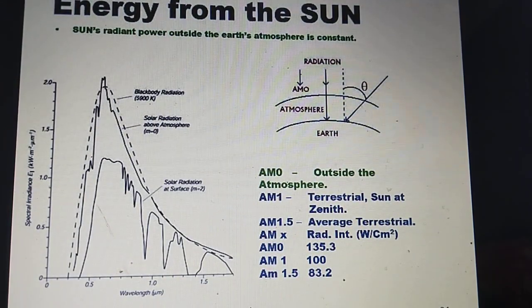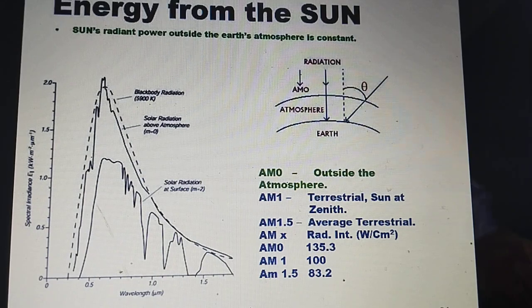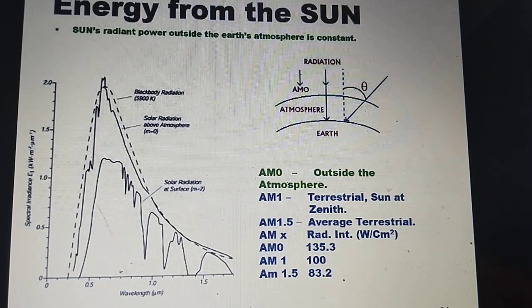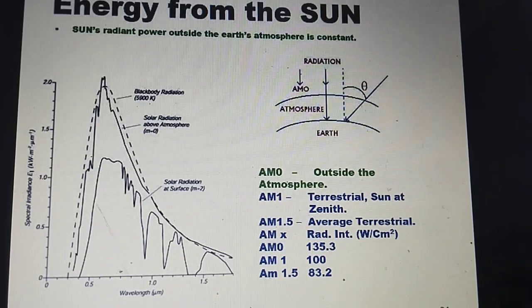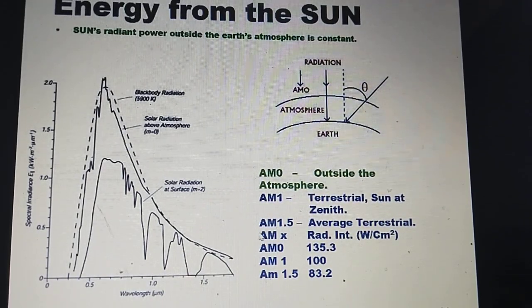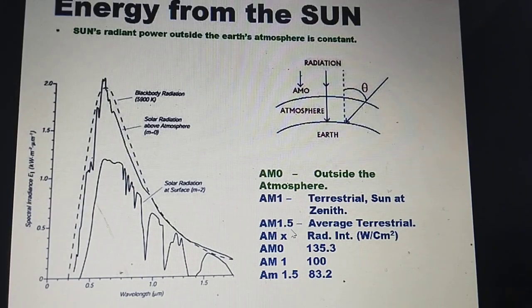And if you have to deal with solar cells, you should know about the energy obtained or available from the sun. Number one, there are three kinds of spectrum which are very popular: AM0 spectrum, AM1 spectrum, and AM1.5 spectrum.